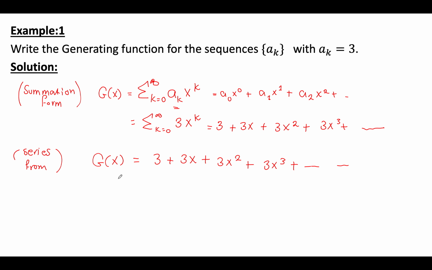All right, now in order to reach the closed form, we can see here that 3 is repeated in each term.